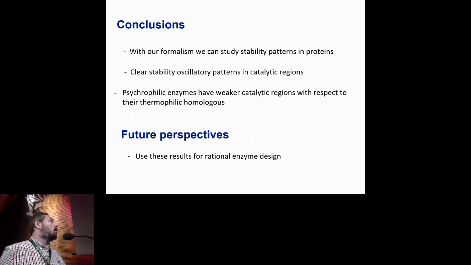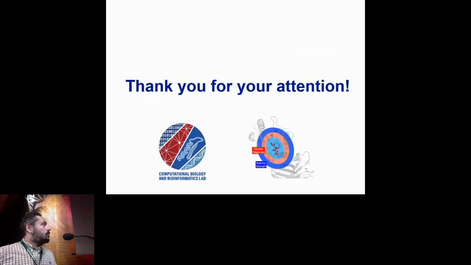Then, applying it to psychrophilic enzymes, we further give some insight about the fact that psychrophilic enzymes have a weaker catalytic site with respect to thermophilic homologues. And now what we are currently doing is using what we learned in this investigation to improve our enzyme design algorithm that we have in our lab. And so thank you for the attention.